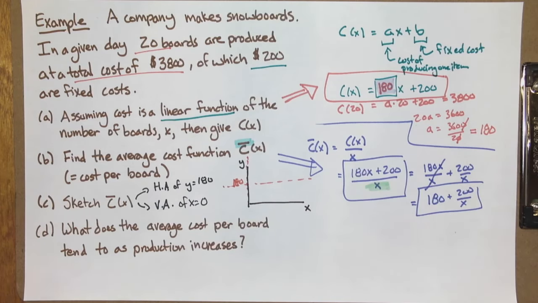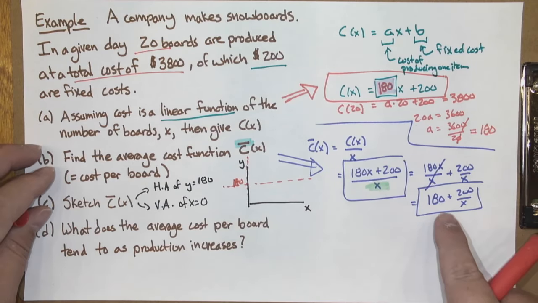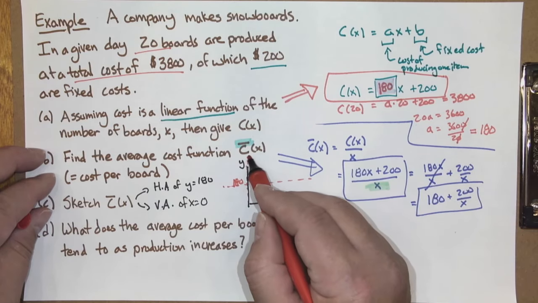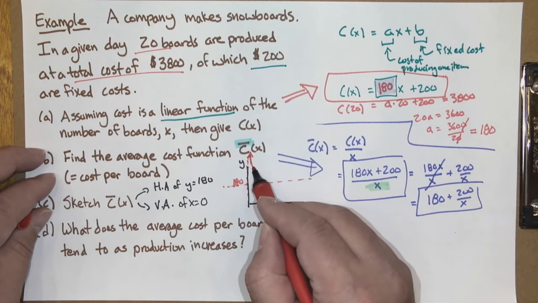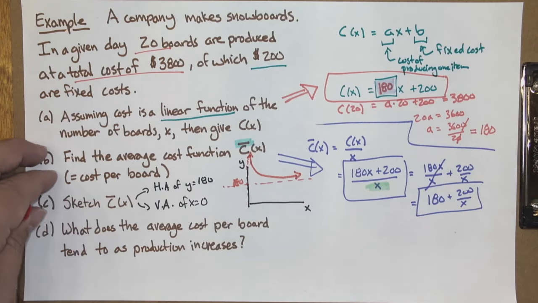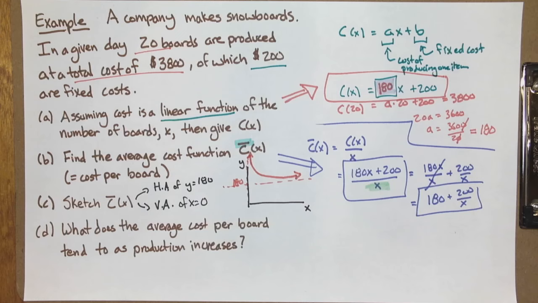If x is a small number, 180 plus 200 over a small number is going to be a big number, so it's coming off the vertical asymptote, and then it's going to approach the horizontal asymptote. So that's the sketch. And I think the main takeaway here is capture the vertical asymptote, capture that horizontal asymptote.